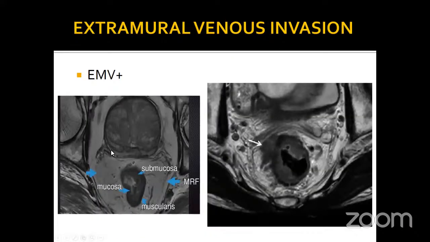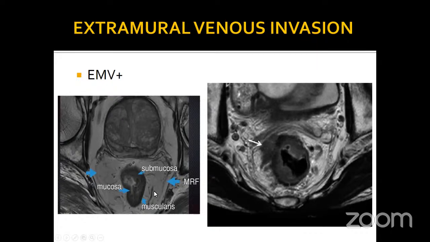Let's take, okay, what is extramural venous invasion? If you look carefully, this is a tumor. Here is the MRF fat. This is a vein. Once there is tumor infiltration within the vein, those normal looking veins will be dilated and tortuous.